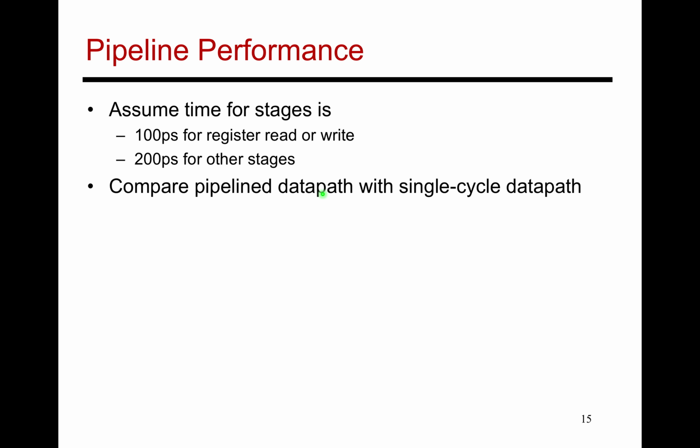However, for register reads and register writes, because we only write in a half cycle and we only read during a half cycle, those operations take 100 picoseconds to complete. So it's kind of like dividing our stages into four stages, but one of them is carried out in two half stages, which ends up looking like 5 stages, but in fact we have 4 stages to operate. That'll make a little bit more sense as I go through the examples.